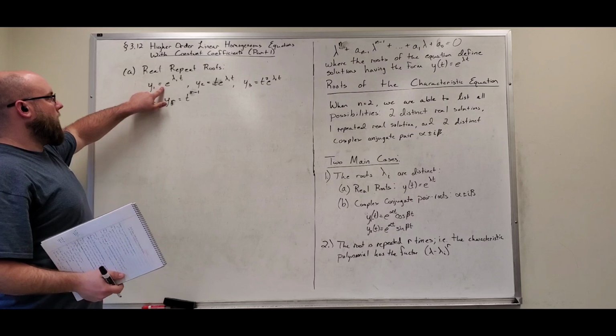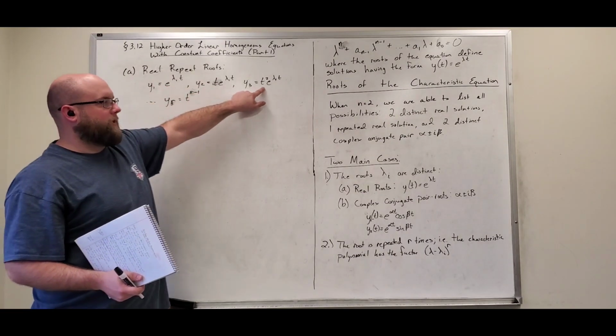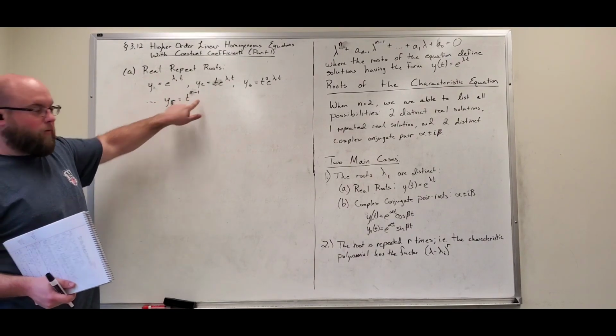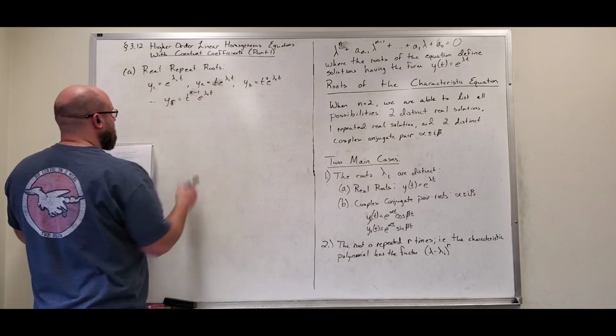Notice here, when we had 2 of them, we only have t. When we have 3 of them, we have t squared. So when we have r repeated roots, it's t to the r minus 1.